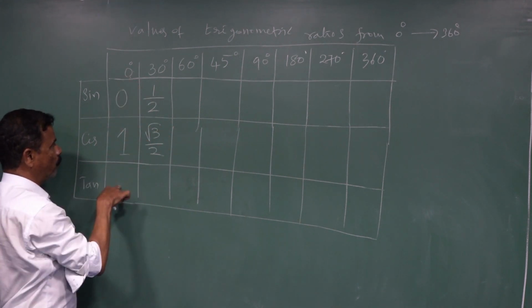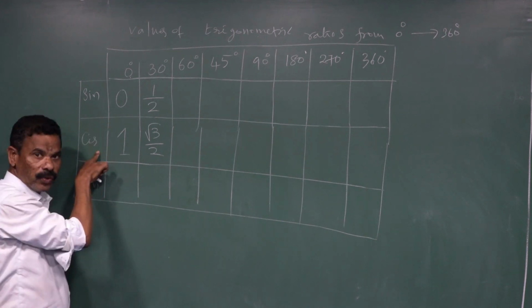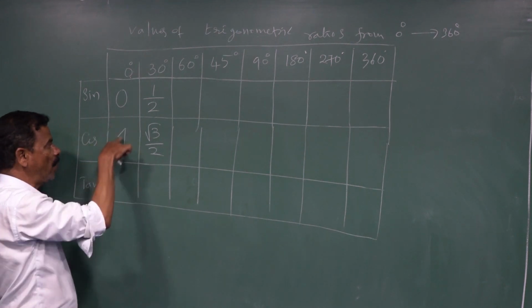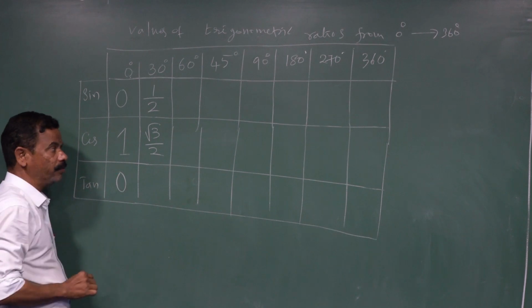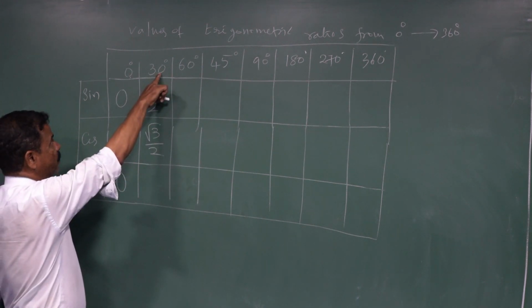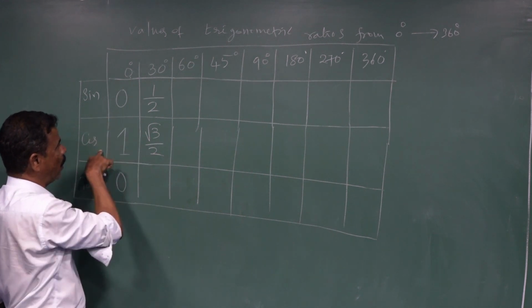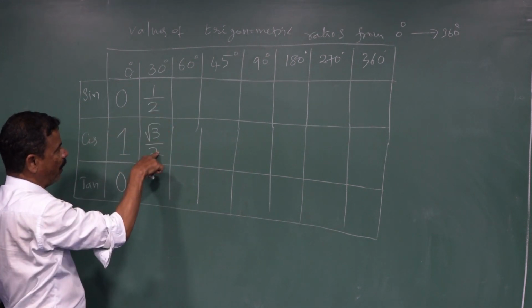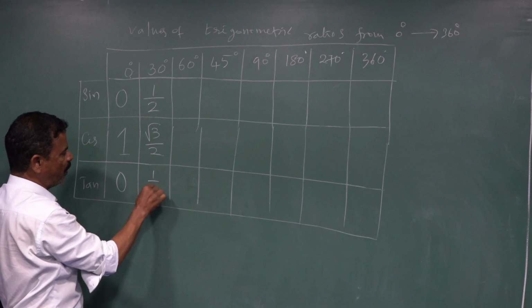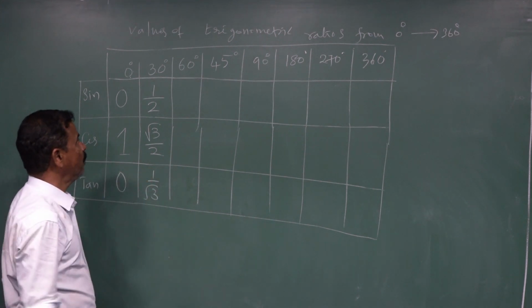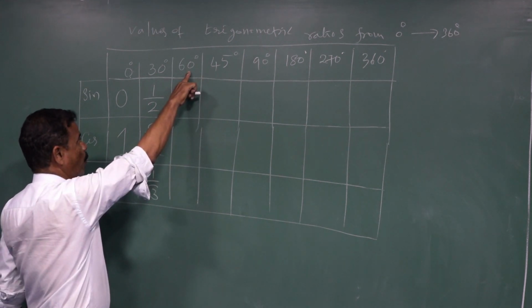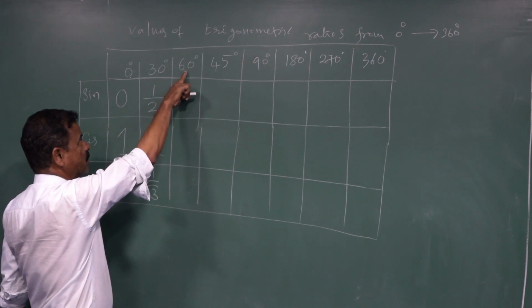Tan 0, sin 0 by cos 0, 0 by 1, it's 0 value. Next 30, sin we know, cos we know. Tan, sin by cos, 1 by 2 by root 3 by 2. 2 to cancel, 1 by root 3. Answer.